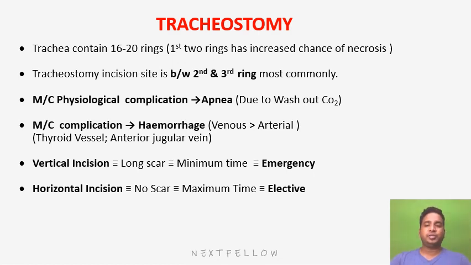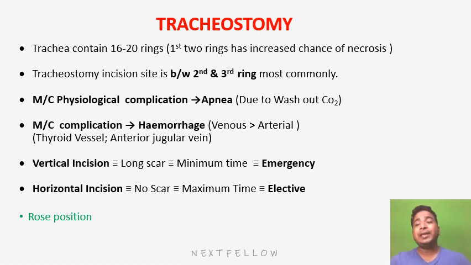Now, what is the position of the tracheostomy? That is the Rose position. What do you mean by Rose position? We ask the patient to lie supine on the OT table, and we put a sandbag beneath the shoulders so that the neck gets extended. So the neck tissue will pop up, and it will be easier to dissect, obviously. So the position used is the Rose position.